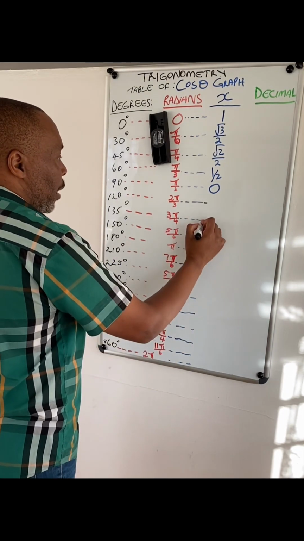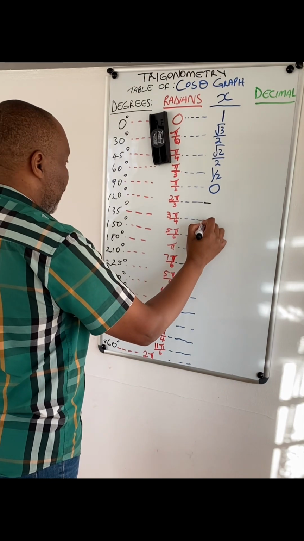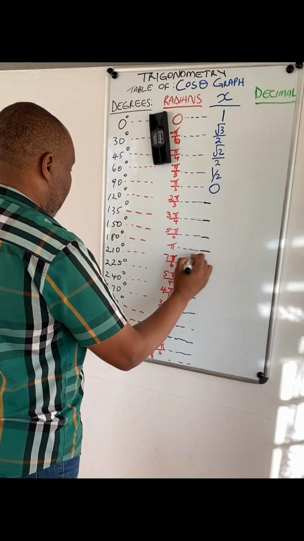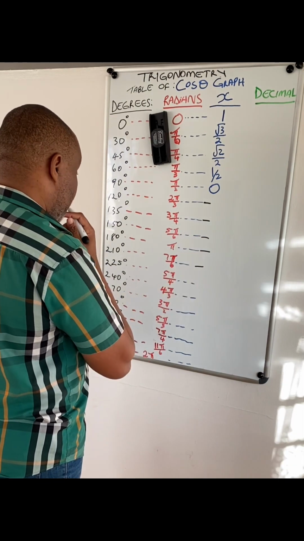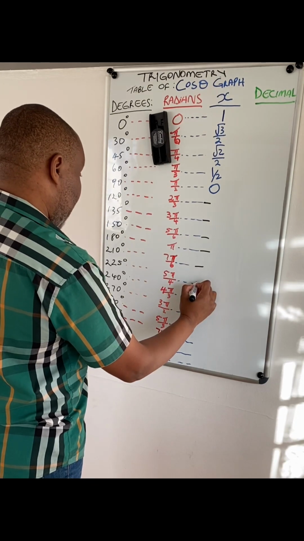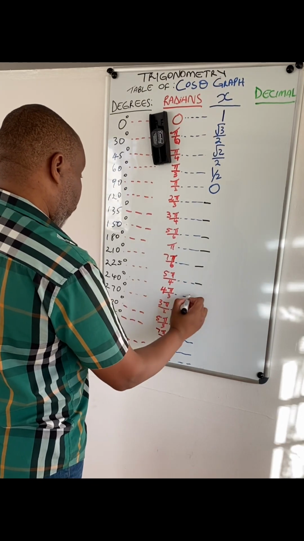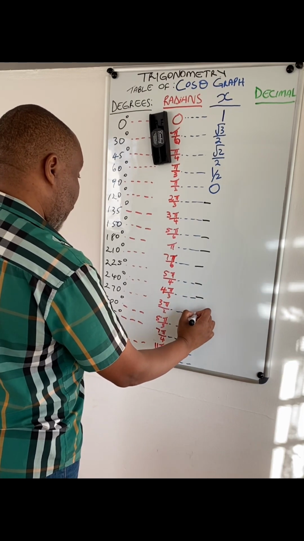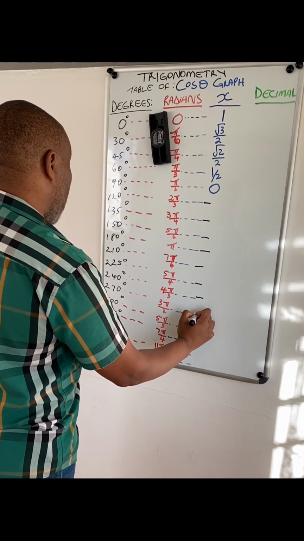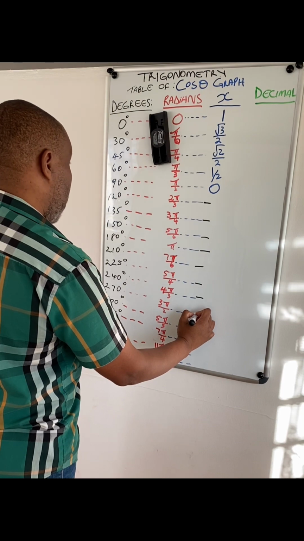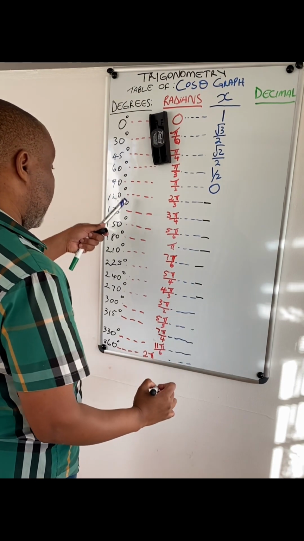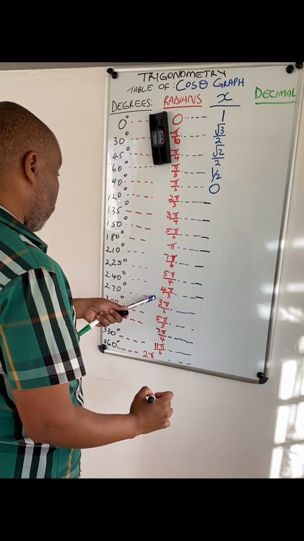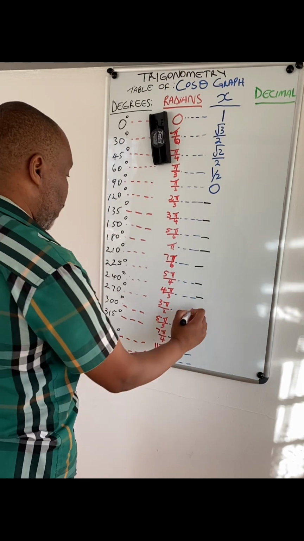So from here I can safely put a negative, negative, negative, negative, negative 225, negative 240, and at 270, it is 0. X at 270 is 0.